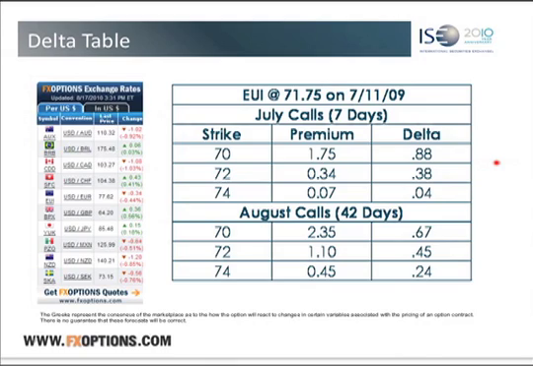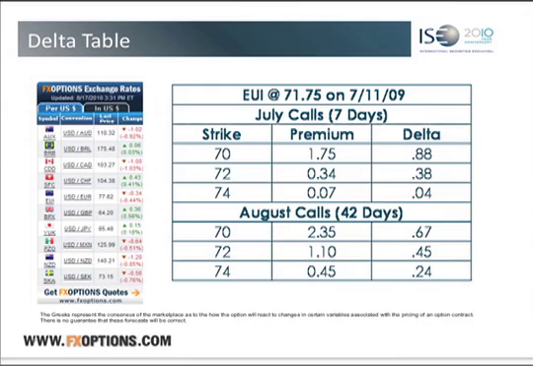In theory, that makes sense. So the highest that delta would be is 1. The lowest delta would be is 0, and we have an option contract that's fairly close to that. This is what they call a lottery ticket, very, very, very cheap delta. Low probability of it ever reaching that 74 strike in 7 days.